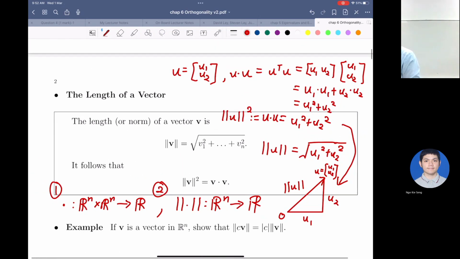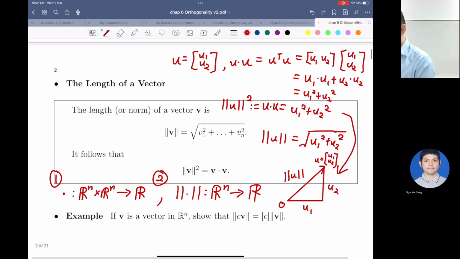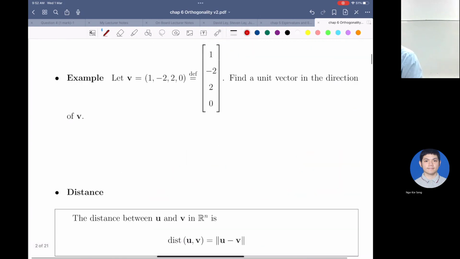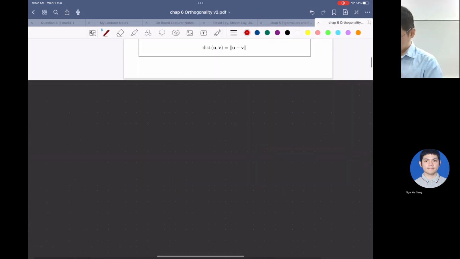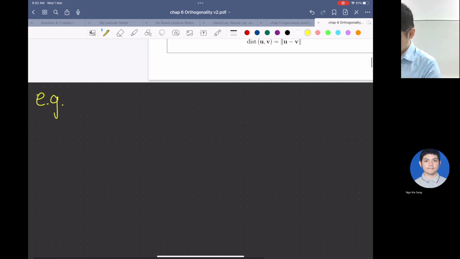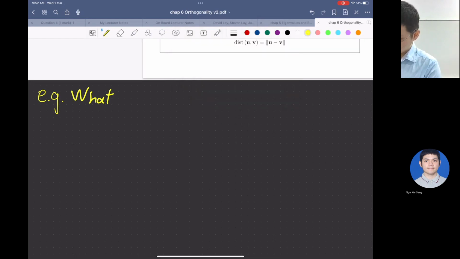Any question on this length here? Maybe you don't have an example. Let me give you an example.